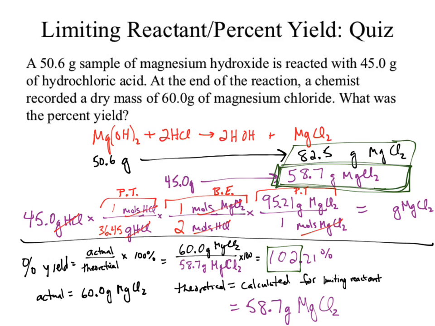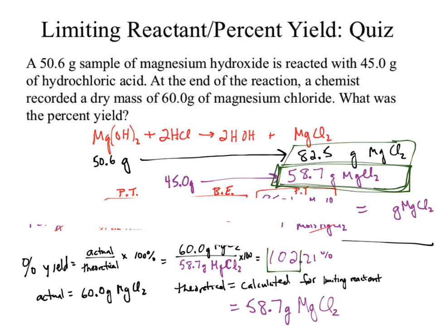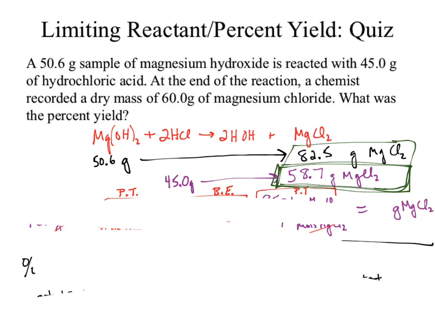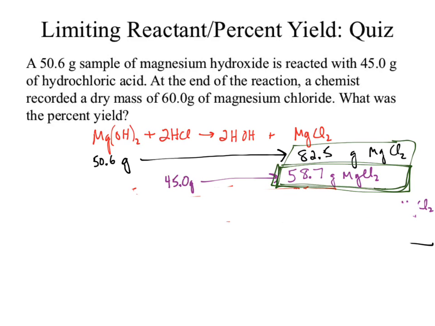Okay. So we heard an interesting question. So let's go through and take a look at that. Why did we not use the 82.5 grams of magnesium chloride? And the answer I kind of offhandedly gave, okay, I didn't prove. So guess what we're going to do? Let's prove it.